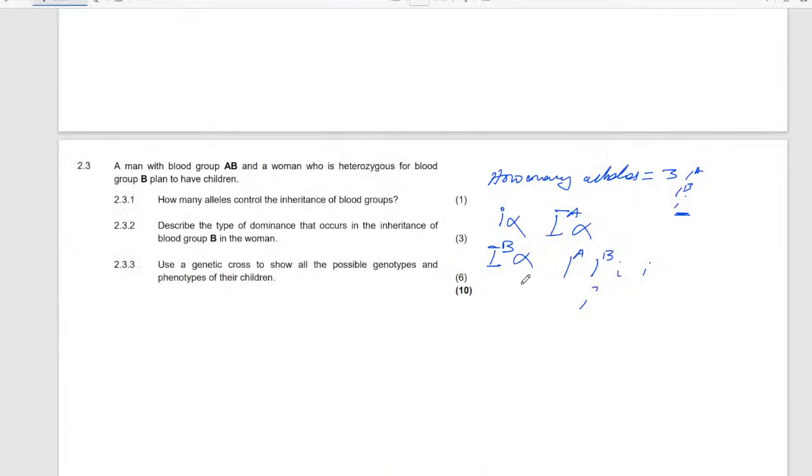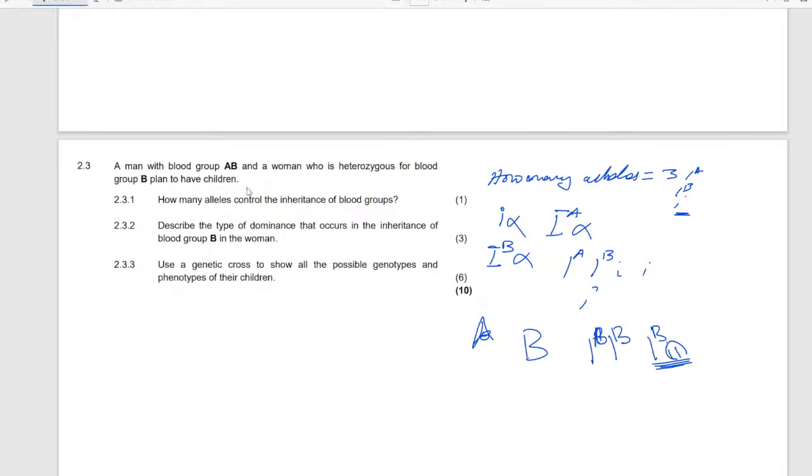Now when we come back to the blood group, they're saying blood group B. Remember, blood group B can be homozygous dominant, or it can be heterozygous. Because of this small letter here, it shows that there is complete dominance for blood group B, but blood group AB is codominance.